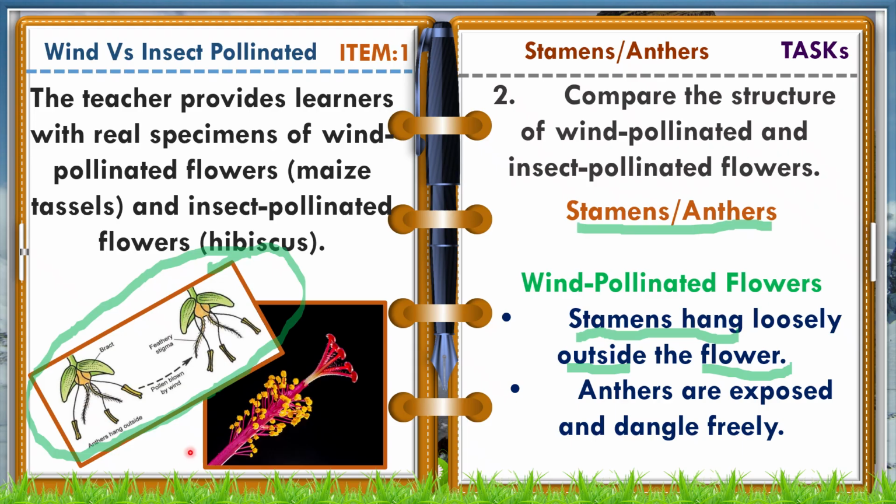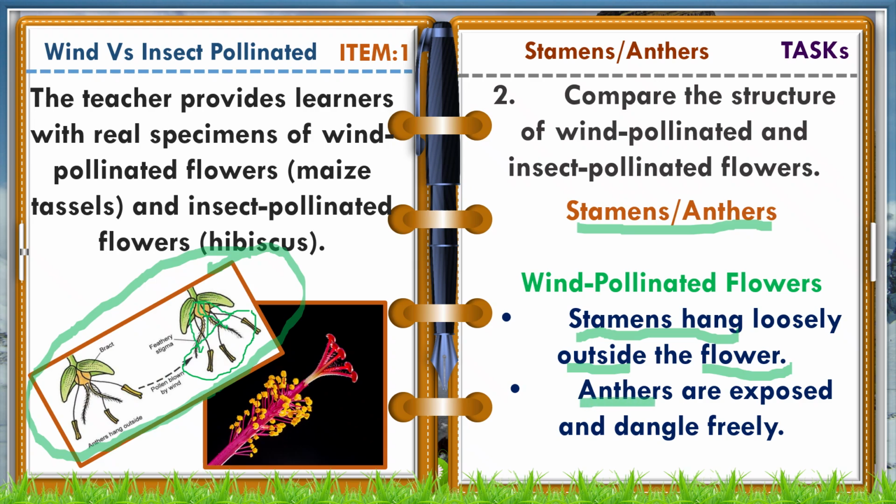The stamen includes the anther heads and also their filaments. But you will see that they are hanging loosely outside of the flower.